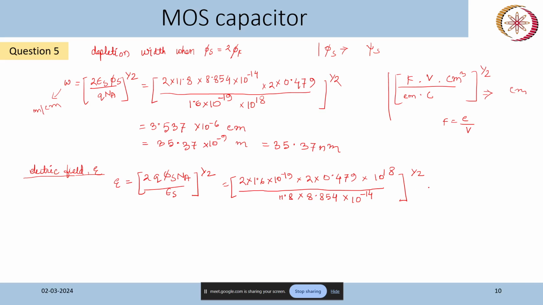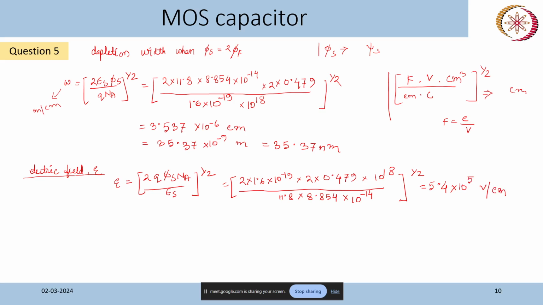So the answer will be 5.4 into 10 to the power 5 volt per centimeter.